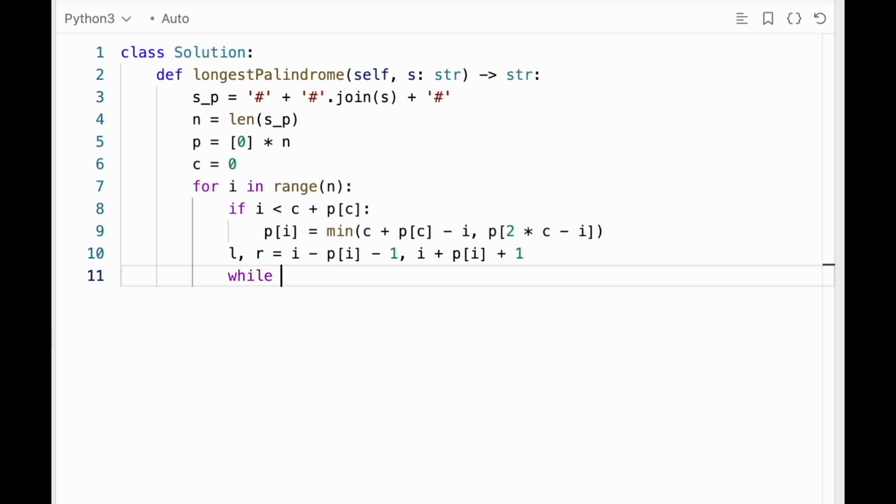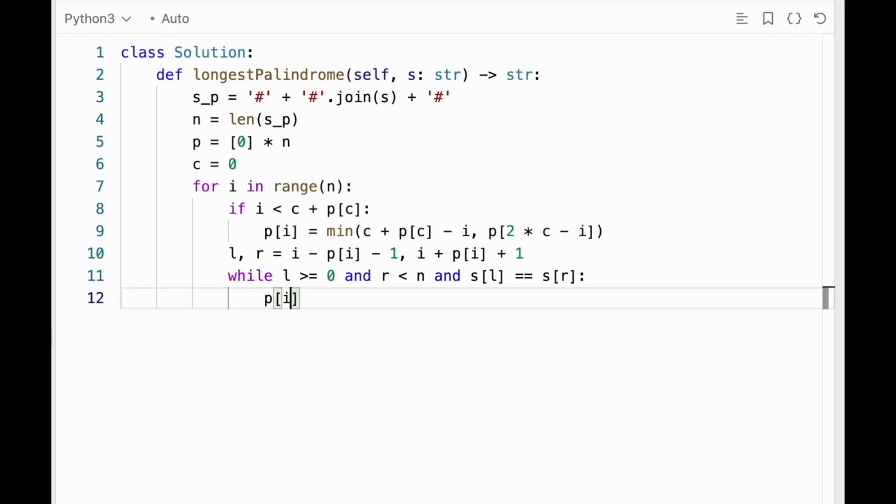So while L is greater than or equal to 0 and R is less than N, and S of L equals S of R, we increment p of I by 1 because we expanded the current palindrome by 1 character both on the left and the right, and we set L to L minus 1 and R to R plus 1.